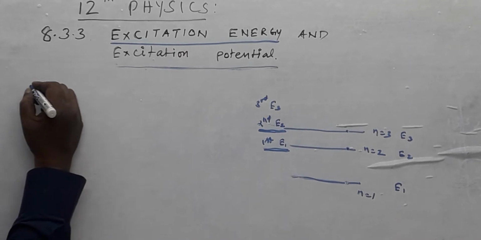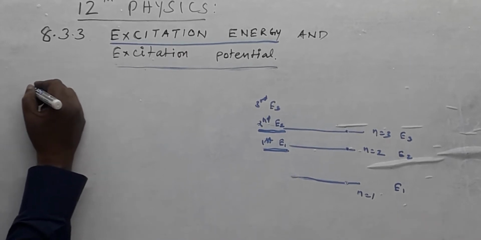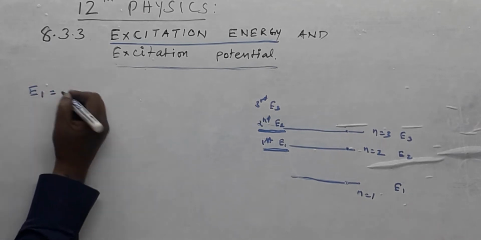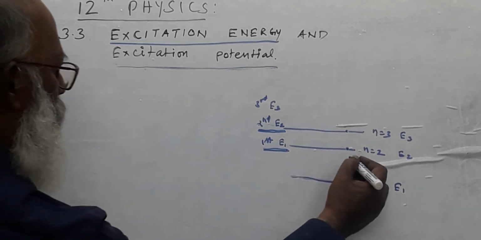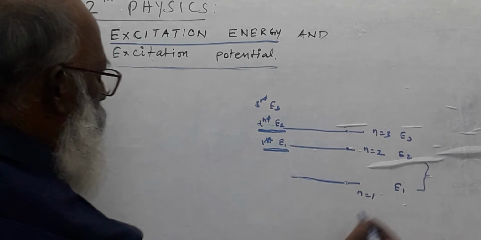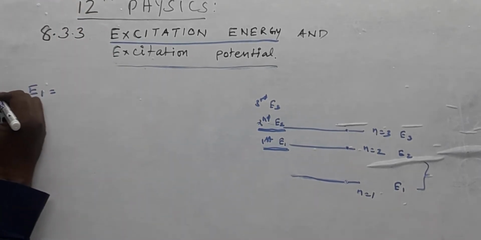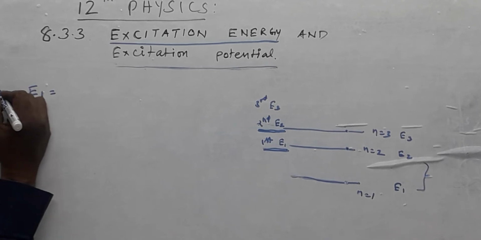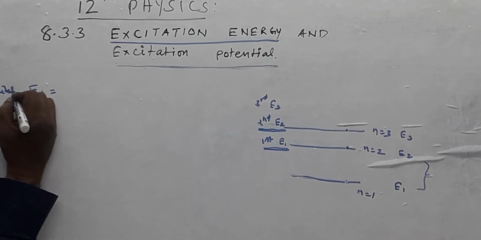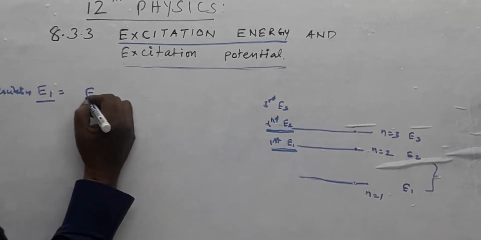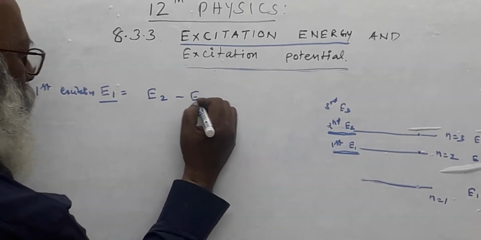Now we want to derive an expression for the first excitation energy, which equals the difference of these energy levels. Excitation energy E1 equals E2 minus E1.